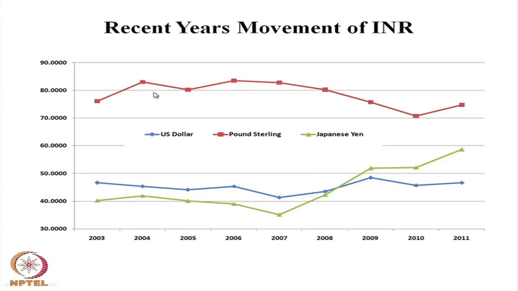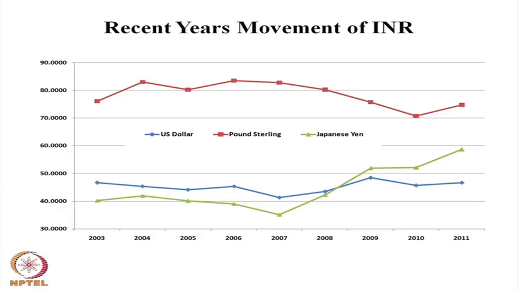If you see recent years, the movement of the Indian rupee against the pound sterling, dollar and Japanese yen, there has been significant depreciation of the rupee against the pound sterling after 2006. The depreciation was primarily due to the recession in the world market.